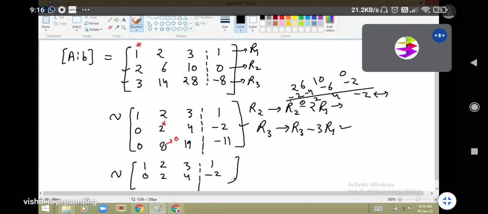R1 and R2 stay as they are. We want to change R3. So R3 is equal to R3 minus 4 R2. By the help of this we will get 0, 0, 3, minus 3. So we get this one. Now by back substitution.